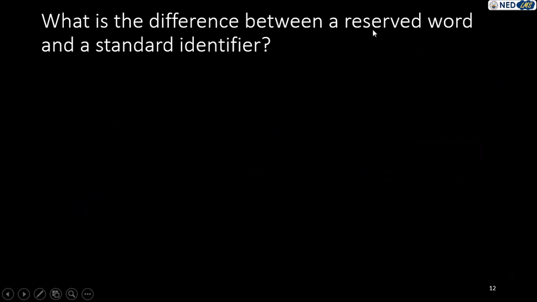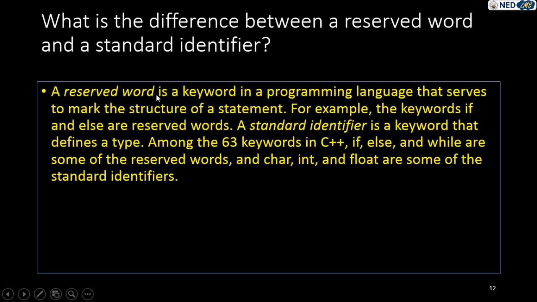What is the difference between a reserved word and a standard identifier? In the previous lecture, I think in live lecture 2, I explained the difference between keywords and identifiers. There is also something known as reserved words and standard identifiers. A reserved word is a keyword in a programming language that serves to mark the structure of a statement. For example, the keywords if, else are reserved words. Obviously, you cannot use them.